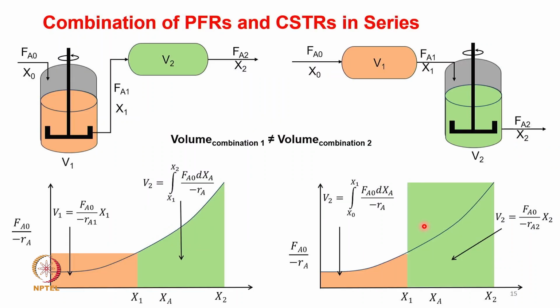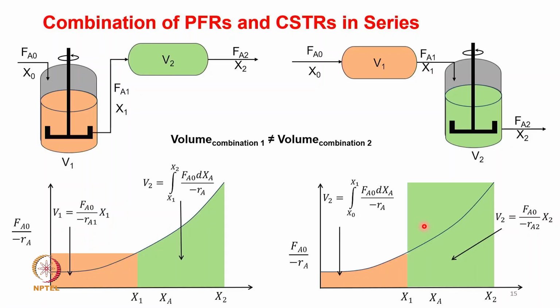So, now let us look at the combination of a CSTR and PFR together, wherein you have two options. First, you can have a CSTR followed by a PFR, or a PFR followed by a CSTR, but we may see that the volumes of combination 1 and combination 2 are not going to be equal, which will soon be evident from the graphs below.